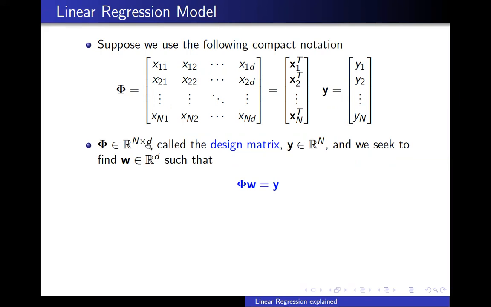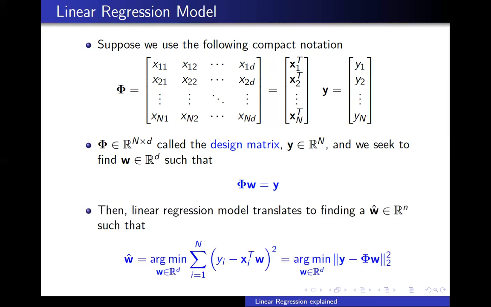D is the number of features or covariates, and Y is essentially the output levels for each of those n data points. And then we seek to find a W such that phi times W is exactly equal to Y. Bear in mind that we will not find this exact solution, because we have unobserved noise terms in our linear model.